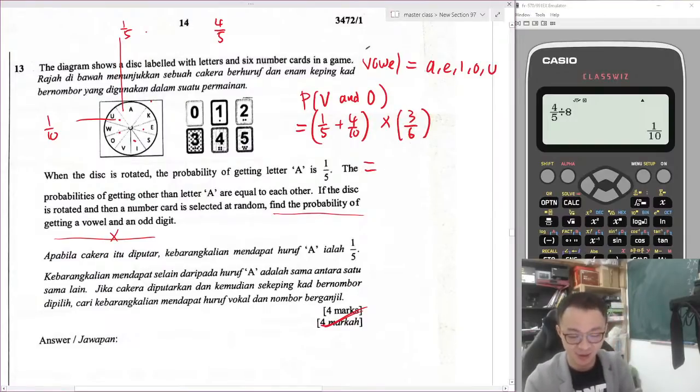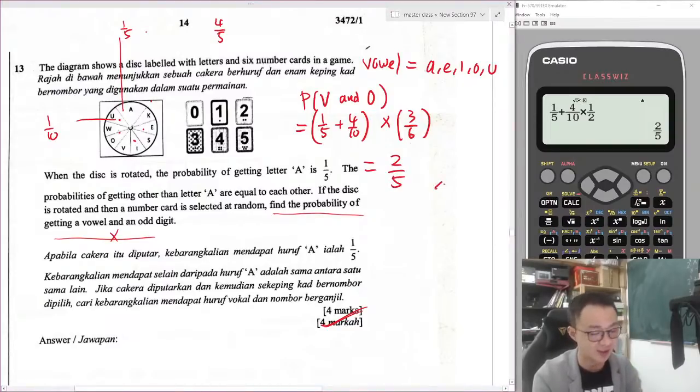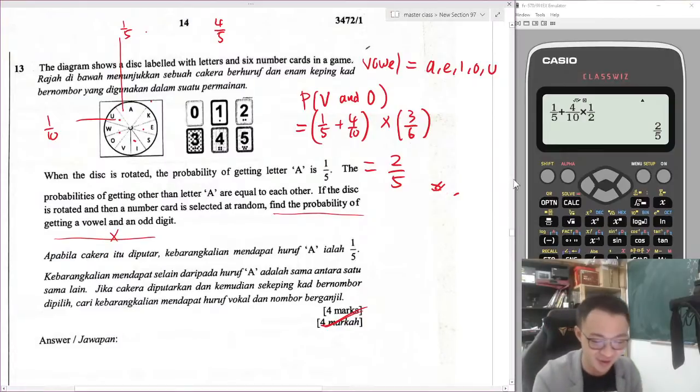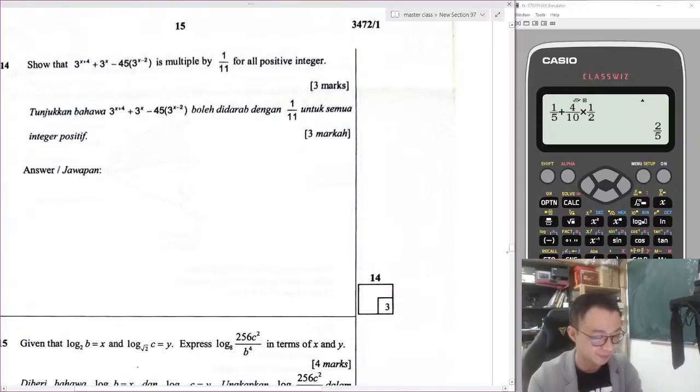Yeah, that's all. 1 over 5 plus 4 over 10, multiply 1 over 2, right? 3 over 6 is 1 over 2. So the final answer is 2 over 5. That's all. So this format is a lot easier compared to the combination question just now. But it's good. Let's move on to the next one.